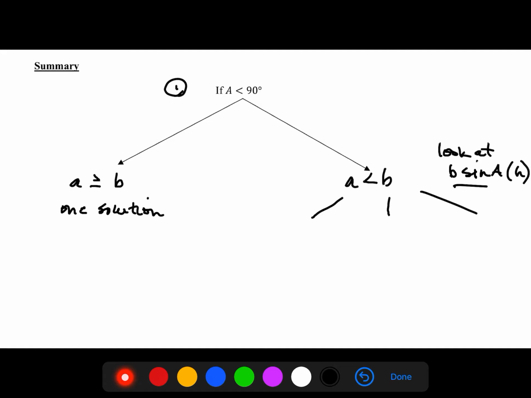We have to now look at B sine A, which is the height of our triangle. So now we notice that if A is equal to B sine A, then we have a right angle triangle and we have one solution.